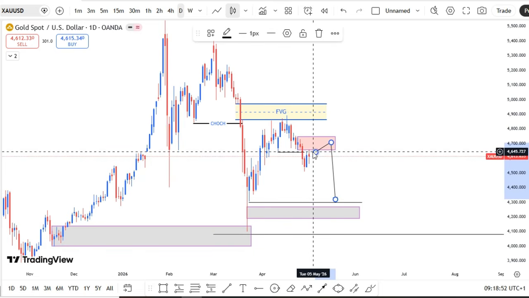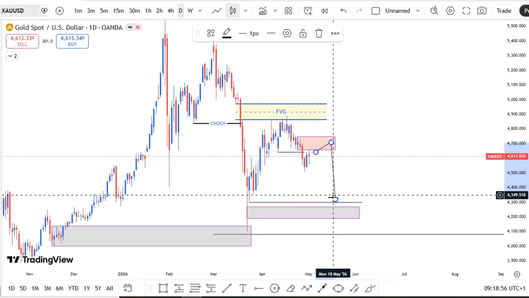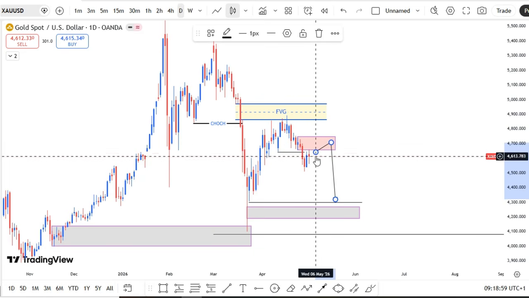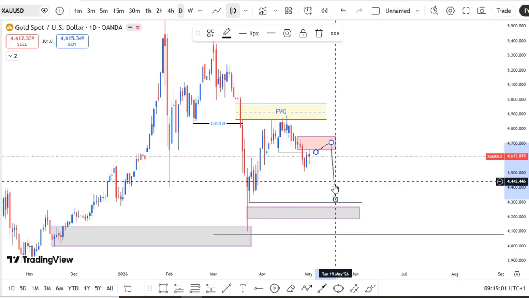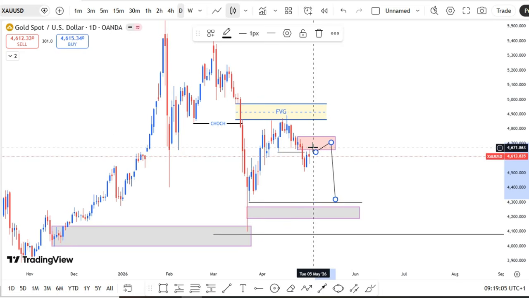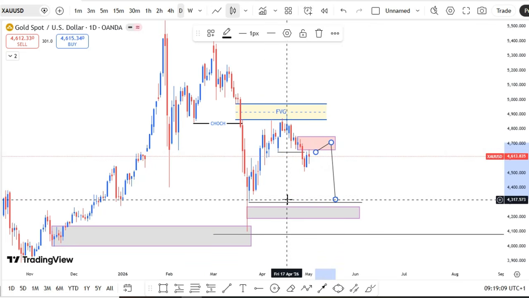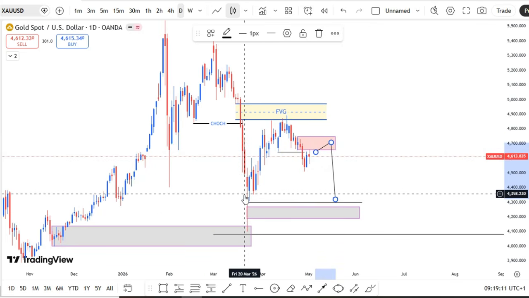I expect price to buy first before selling, giving us a good zone of sales. Then if you have a good zone of sales, you want to hold that up to this level to take out this low.